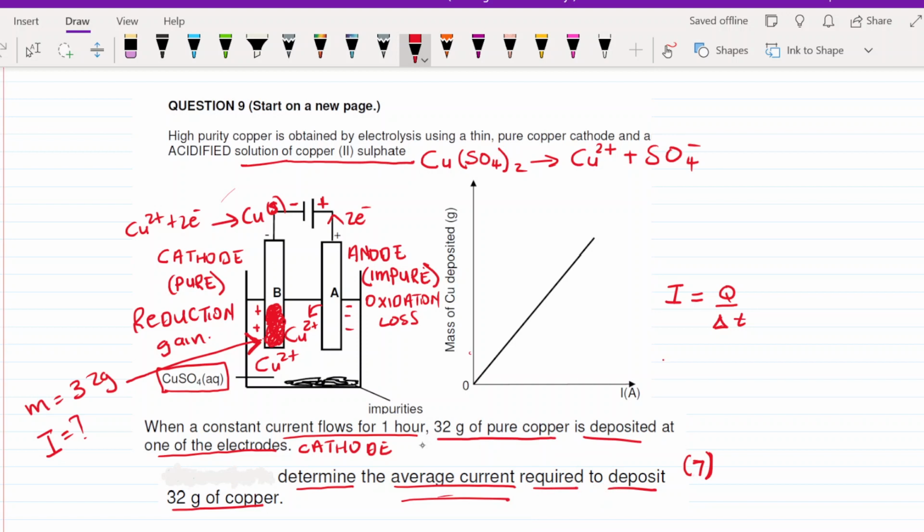So remember, time must be in seconds. So 1 hour in seconds: there are 60 minutes in 1 hour, so in seconds we have to multiply again by 60, which will get 3,600 seconds. So we already know the time.